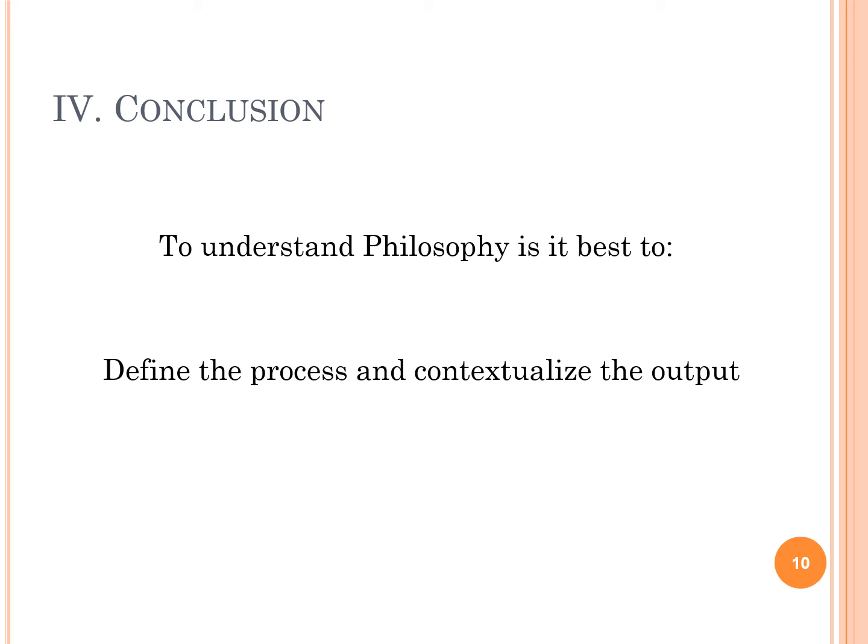So in conclusion, to understand philosophy, it is best to define the process and contextualize the output. Define the process, meaning the neurophysiological processes as offered by nonlinear existentialistic theory. It talks about basically how the signal coming into the mind can be transformed and altered in additive increments.